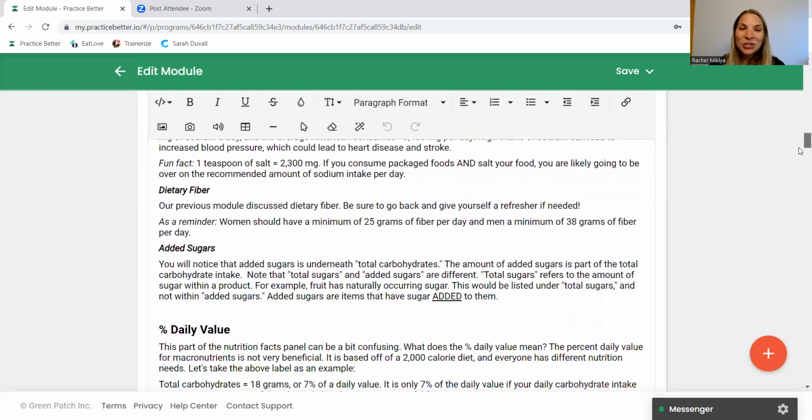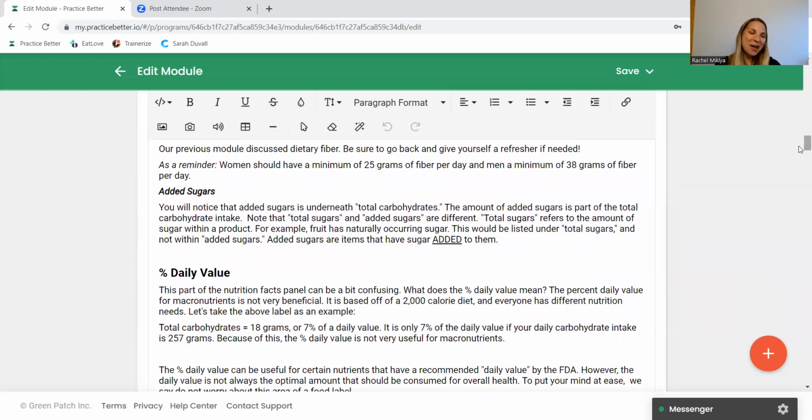And then added sugars, that's another place on the nutrition facts panel that you can look at. You will notice that added sugars is underneath total carbohydrate, so the amount of added sugars is part of that total carbohydrate. Also, total sugars and added sugars are different. Total sugars refers to the amount of sugar within a product. For example, fruit has naturally occurring sugar in it.